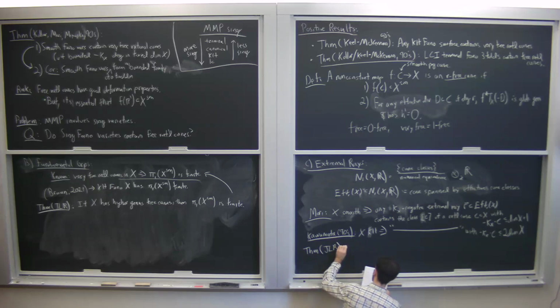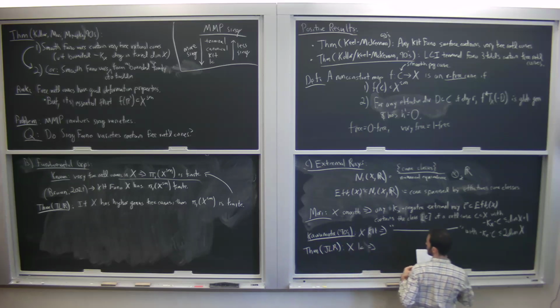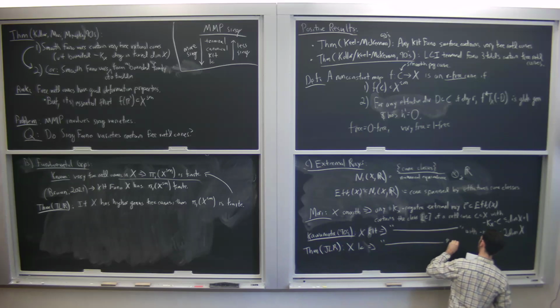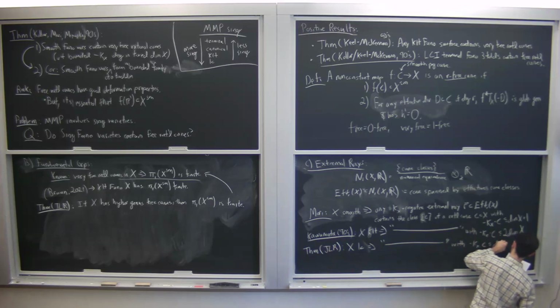So we show that if X is LC, so log canonical, or in particular, it could be KLT, this includes all KLT varieties, this implies exactly the same thing, but with negative K_X dot C less than or equal to the original bound.